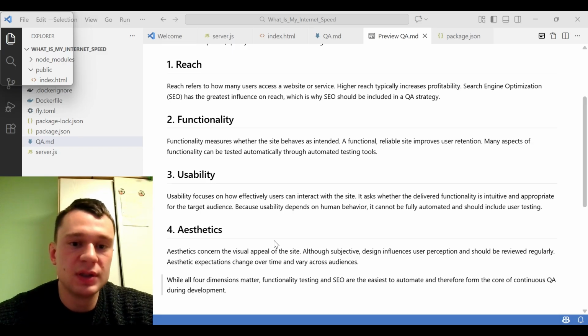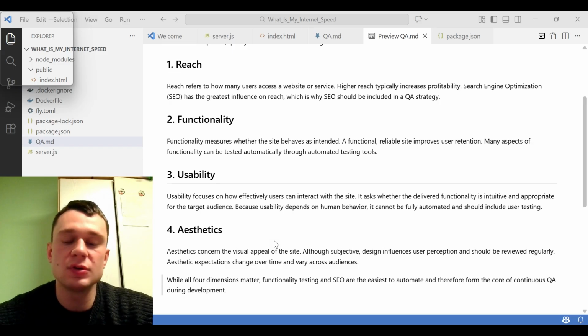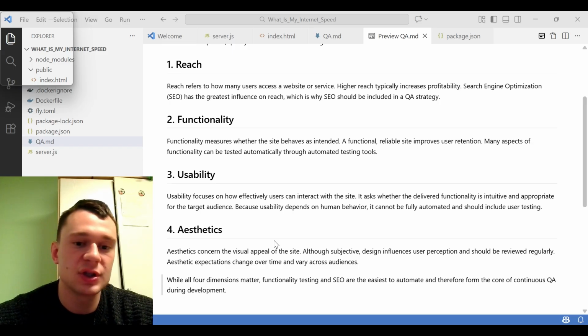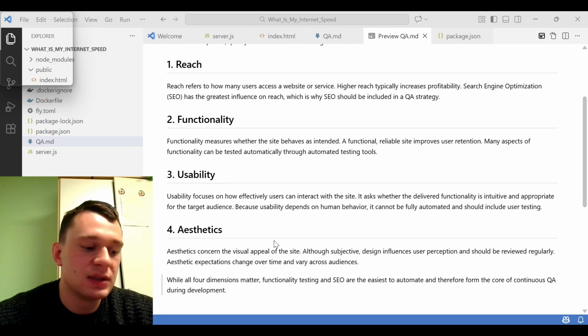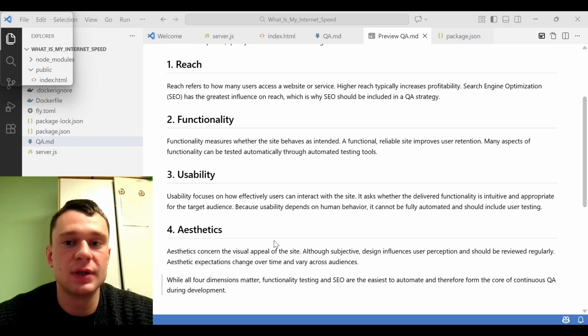Also, the usability. It kind of goes hand in hand with functionality, because usability is more the aspect of how the user will interact with the site. So first is the functionality, are the functions, or is the website doing as you intended it to be?